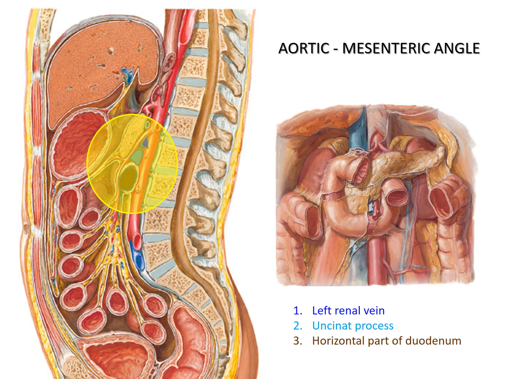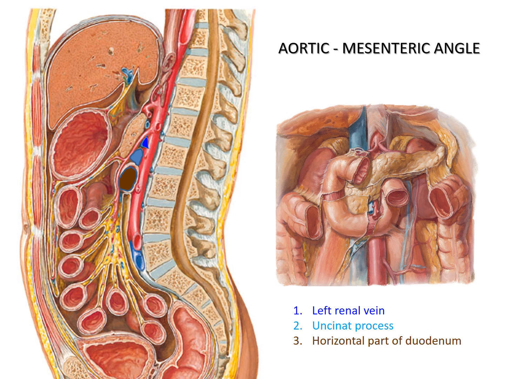In the left picture we have a sagittal section and you can see the aortomesenteric angle. In this yellow circle we have the origin of the superior mesenteric artery. The superior mesenteric artery descends in front of the abdominal aorta, and between the superior mesenteric artery and aorta we have three structures.